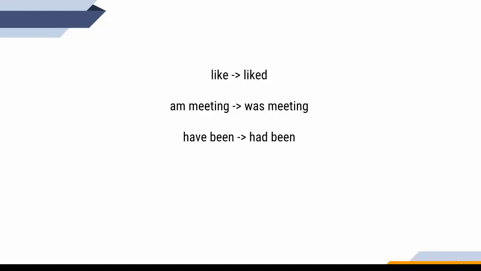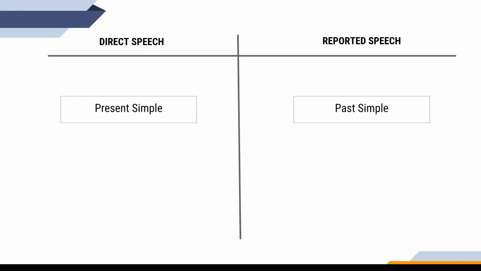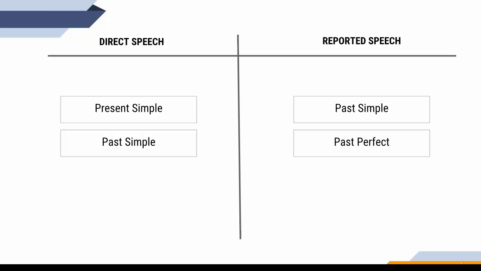Have been, had been. Was, had been. Again. Let's see it in grammar terms. So, when in direct speech we have present simple, in reported speech it goes into past simple. Direct speech, past simple. Reported speech, past perfect.